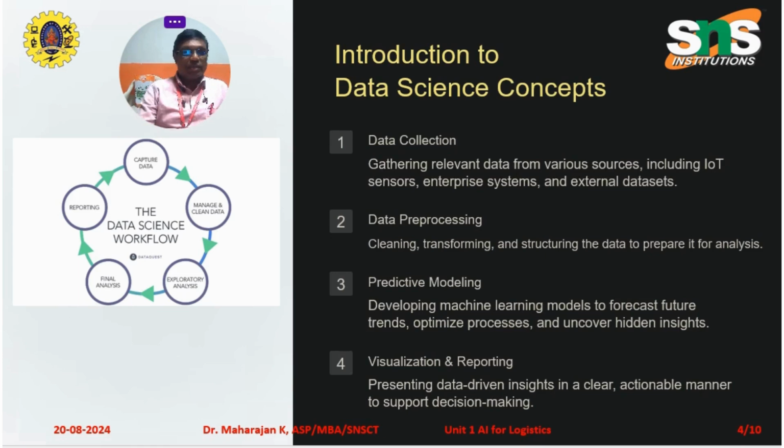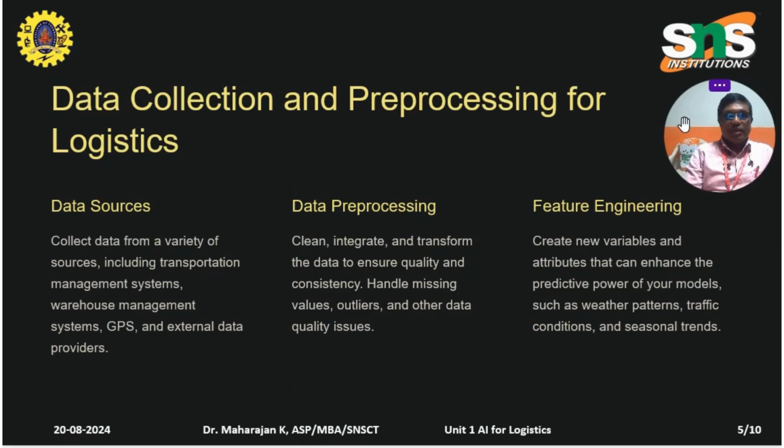Now we have seen how data collection and pre-processing is done for logistics. Data sources for logistics include transportation, customer systems, management systems, warehouse management, GPS systems, and external stakeholders. In pre-processing, we clean the data and integrate it, since we may be collecting data from different sources.